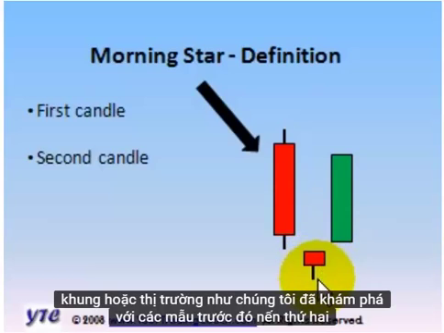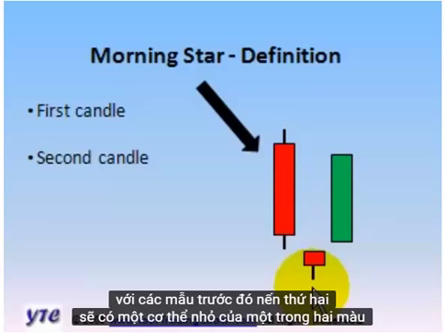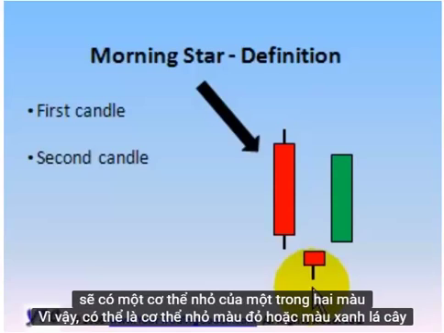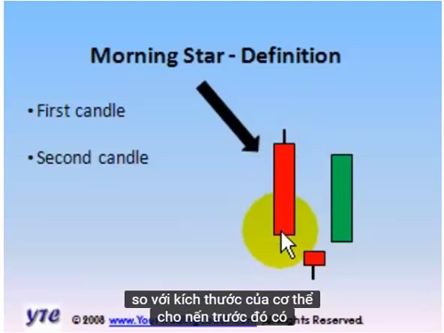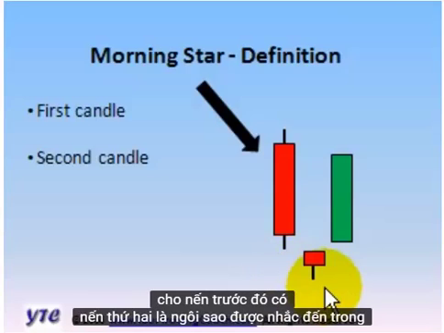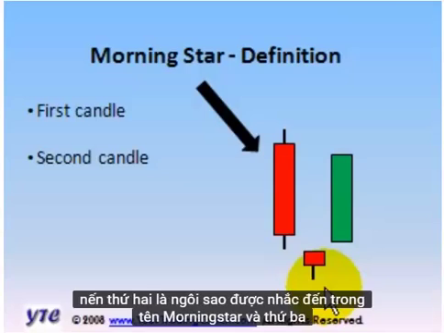The second candle will have a small body of either colour, so maybe either red or green, small body in comparison to the size of the body for the preceding candle there. The second candle is the star referred to in the name Morning Star.